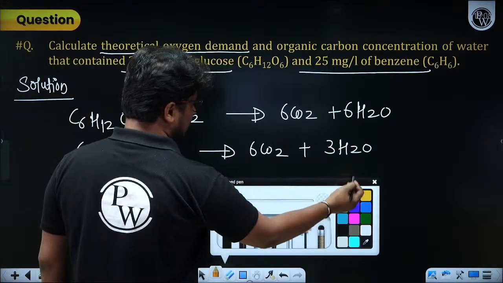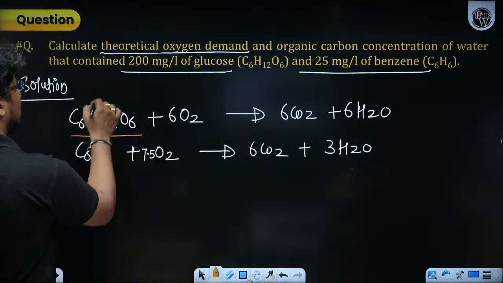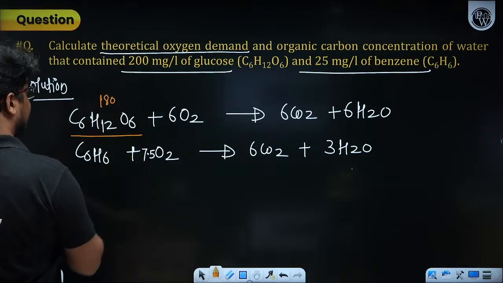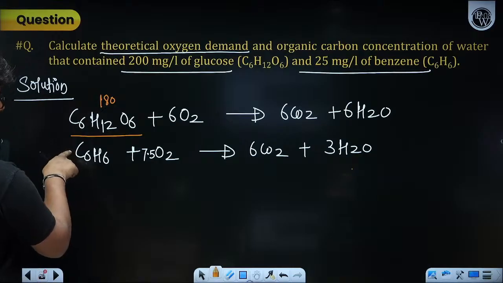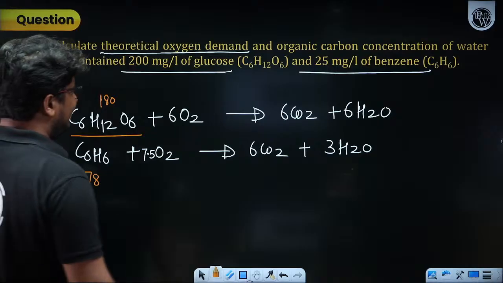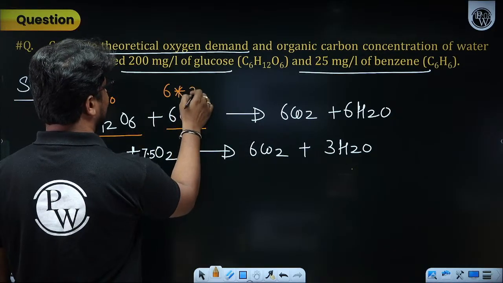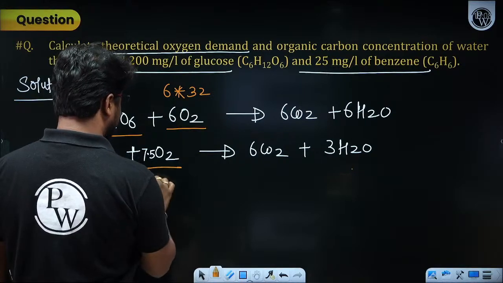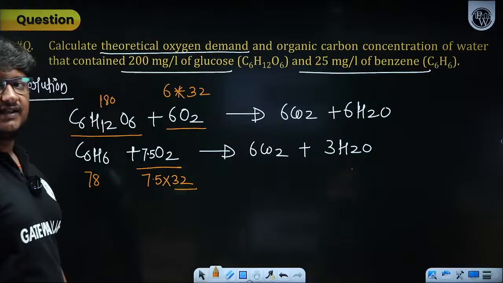Now see here, the molecular mass of glucose is 180. The molecular mass of benzene is 12 into 6, 72 plus 6, 78. The amount of oxygen you are needing is 6 into 32, am I right? And on this side it is 7.5 into 32. Is it clear?